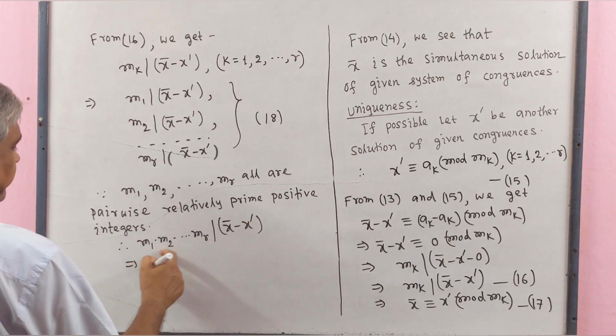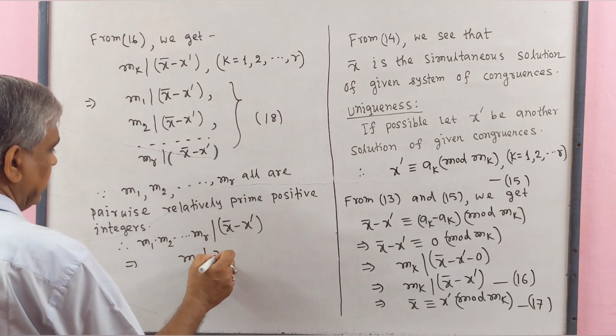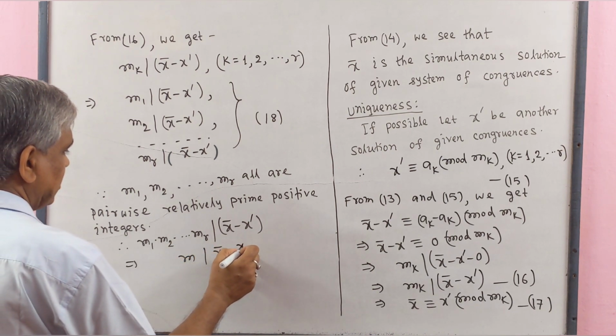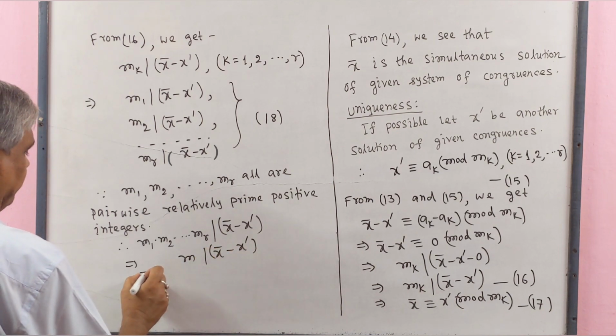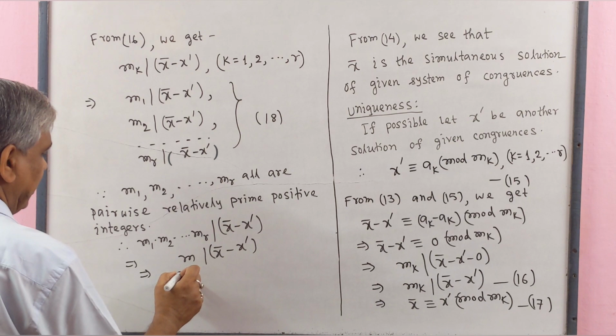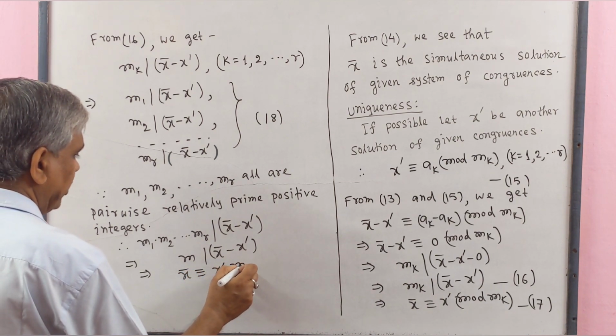And this value is m, so m divides x bar minus x prime, implies that x bar is congruent to x prime modulo m.